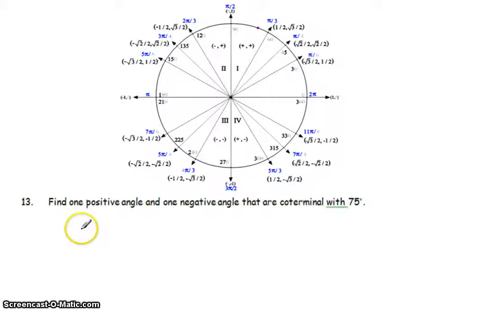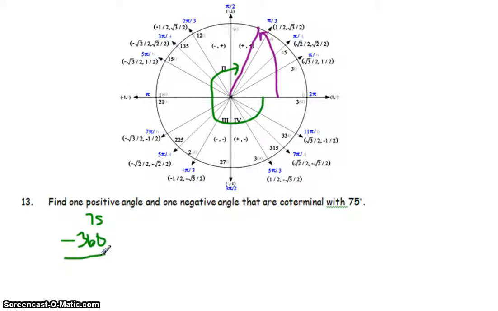Okay, well, what I need to do is find 2 different times it will end at the same spot. Well, one time I can find the negative, I can find the other direction. So the way I do that, I start with my 75 degrees, and I'm going to subtract 360.